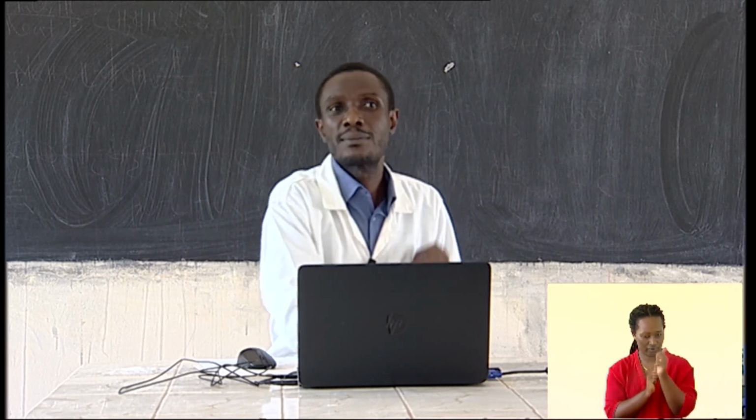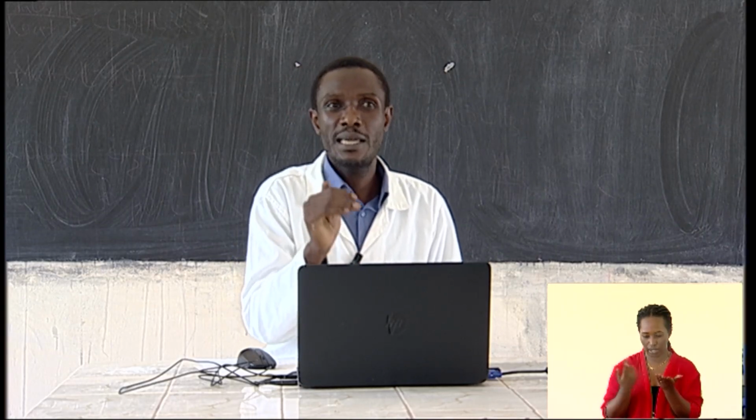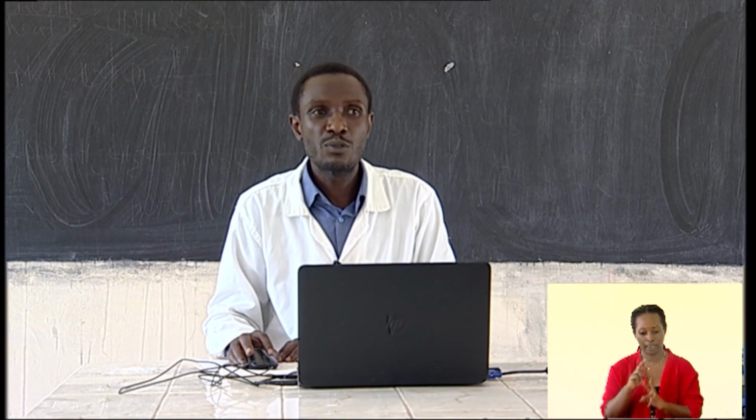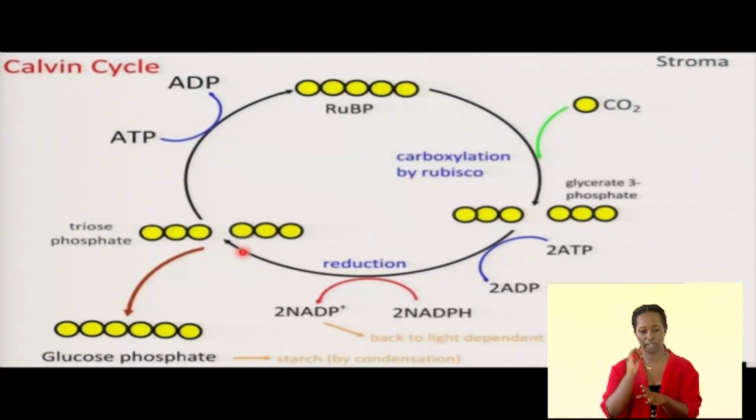Follow the path. Check what we look at when we say the product of the cycle is here. It's not this. This is the overall at the end of the day when other reactions have taken place, as we shall also see.